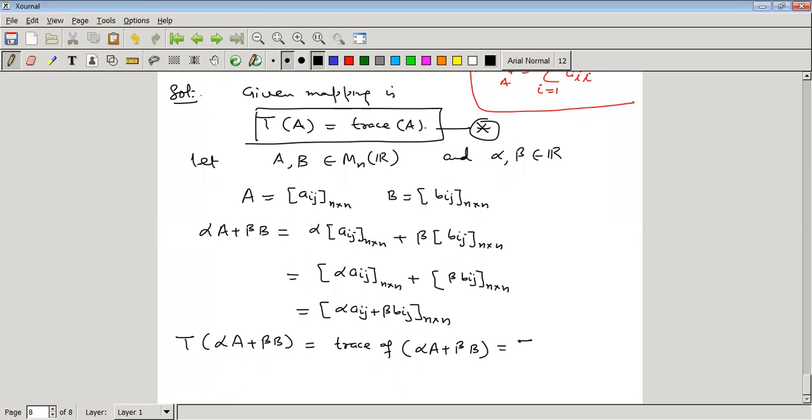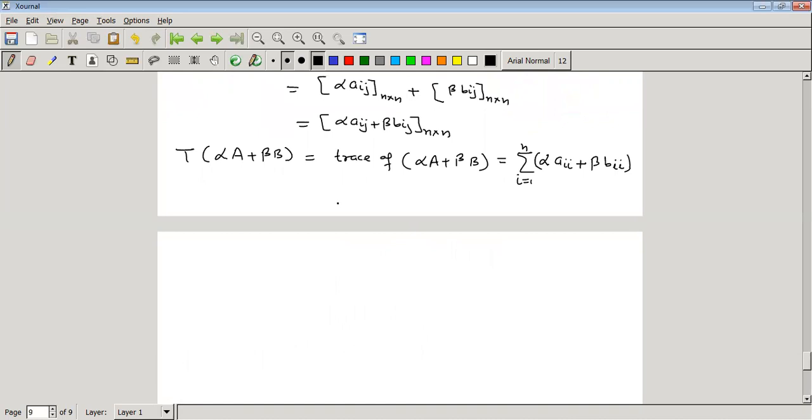It is the summation for i equal to 1 to n of the diagonal elements: alpha aii, because the trace is the sum of the diagonal elements of matrix A, that is aii, and of matrix B, that is bii, plus beta bii.